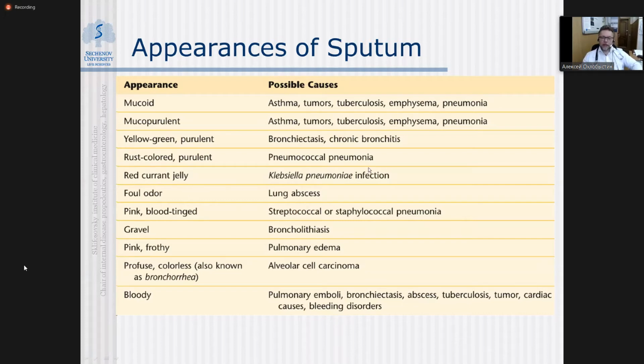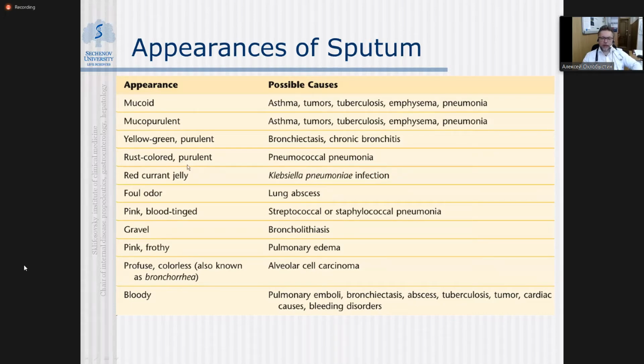At the onset of the consolidation stage of pneumococcal pneumonia, it will be just rusty, some dark red color. Then with progression from the consolidation stage to the resolution stage, it will be already not as rusty, but it will become purulent.